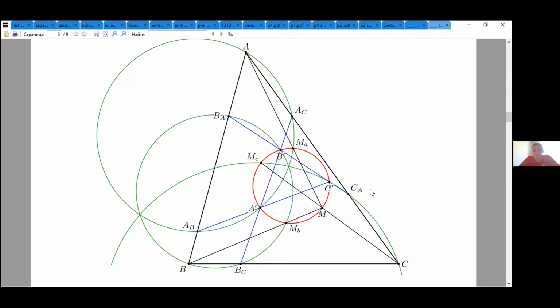So by this known criterion, which is problem 6 of our project, we obtain the required statement.